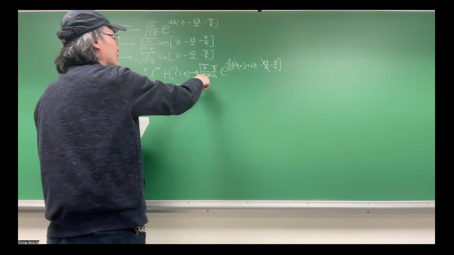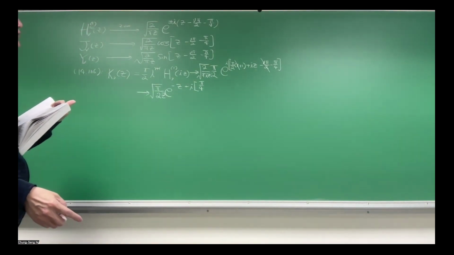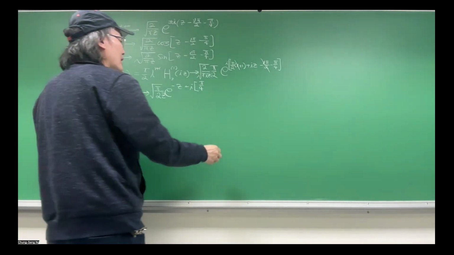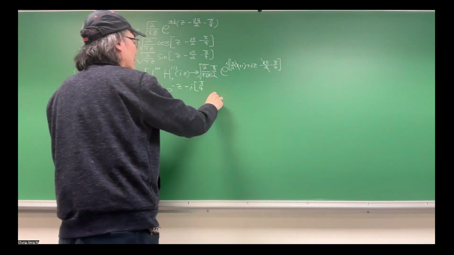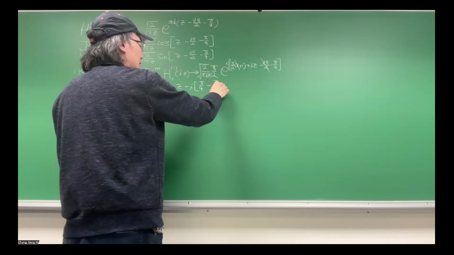But then you have this i in the denominator. Again, we choose e to the i pi over 2, and then in the denominator is minus 1/2. So i pi over 2 times minus 1/2 is minus pi over 4, right?